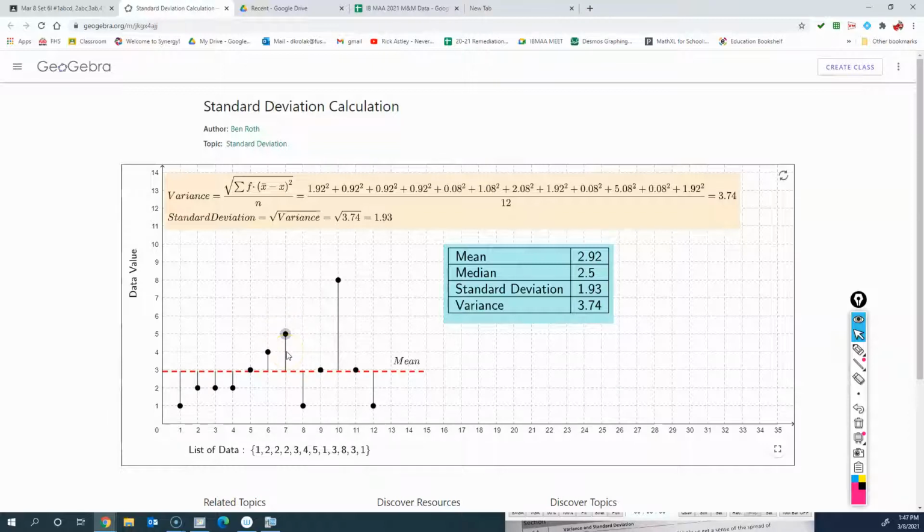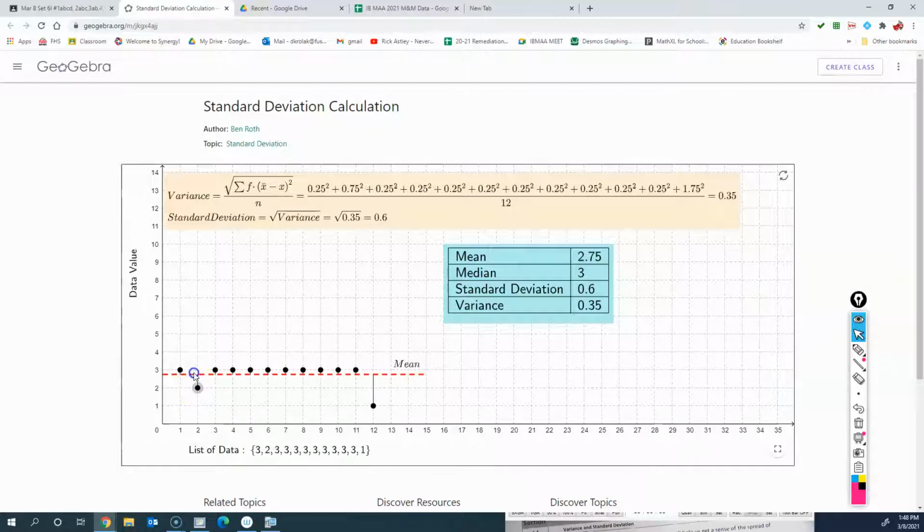Got smaller. Where could I put them so the standard deviation is 0? Yeah, so if you put all of these on the line that represents the average or the mean, but as these get closer and closer, where they're not very different from the average, then your standard deviation shrinks.